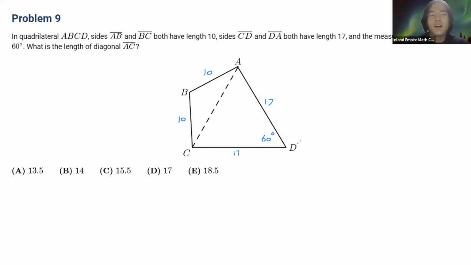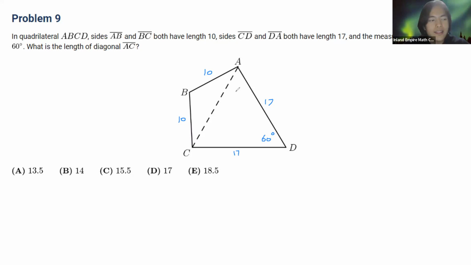Now, this problem uses two fundamental facts in geometry. The first fact is that the angles in a triangle add up to 180 degrees, right? You all know this, I'm assuming. Given any triangle, all of the angles inside it add up to 180 degrees.